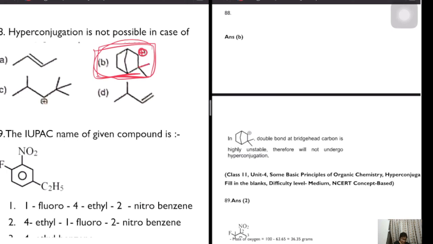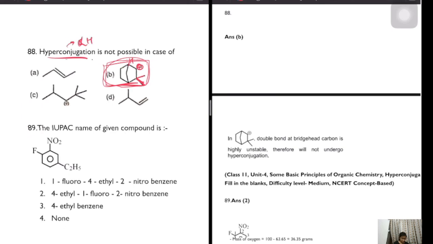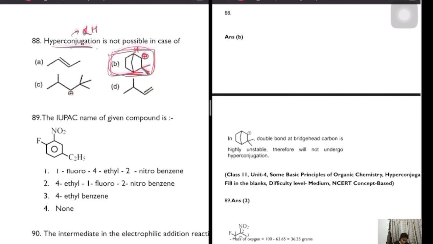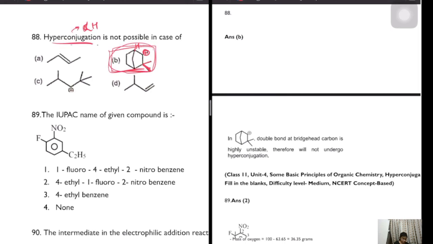So see here it is C. In hyperconjugation, alpha hydrogen electrons stabilize the structure, the carbon. Right? So here bridgehead carbon will never donate and will never take part in hyperconjugation, and here there is no hydrogen. So this is alpha, this is also alpha. So alpha hydrogen. It has no alpha hydrogen. So the answer would be B.